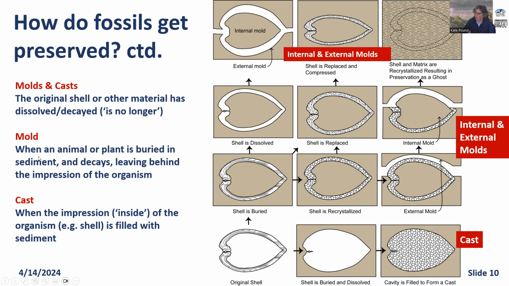Then we get molds. And so in the case of a mold, we have our organism, animal or plant, that's buried in the sediment and decays. And it leaves behind the impression of the organism. So there's various ways this can be diagrammed, and this is a potentially confusing diagram.